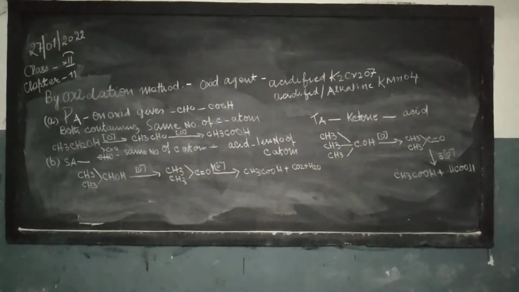Please repeat it as many times as you can. So this is the third method which we are teaching you how to distinguish between primary, secondary and tertiary alcohol. Please revise it and I am going to repeat it.